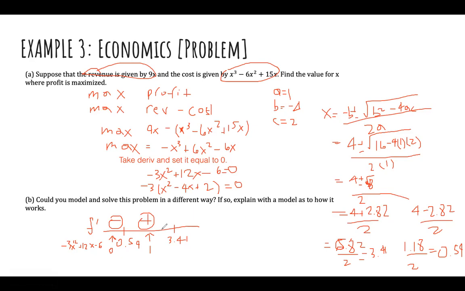And then if I did a number that was bigger, like let's say -3 times 4 squared, that's like a -48. This is going to actually go back to a negative number. So I can see here that the graph is probably going like that. So the 3.41 is the maximum.